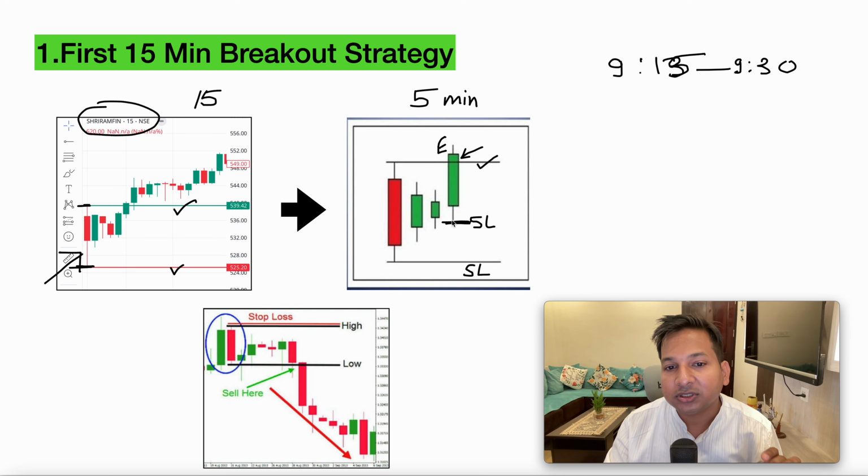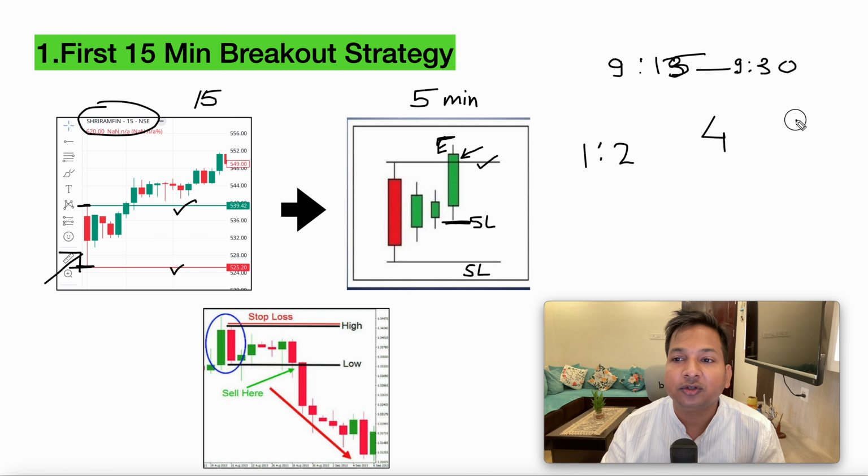Don't keep the stop loss just below the wick, keep it 2 or 3 points below, so that stop loss hunting may be prevented a little bit. The profit target should be minimum 1:2. Suppose your stop loss is 4 points, your profit should be at least 8 points or 12 points, meaning you take 1:2 or 1:3 profit.